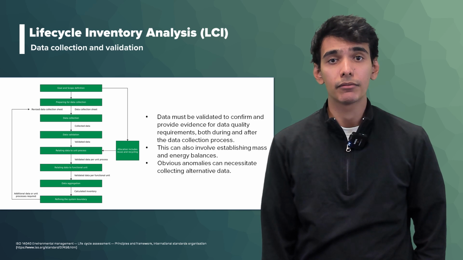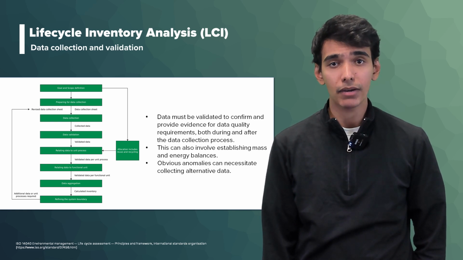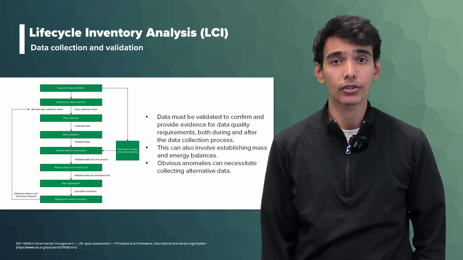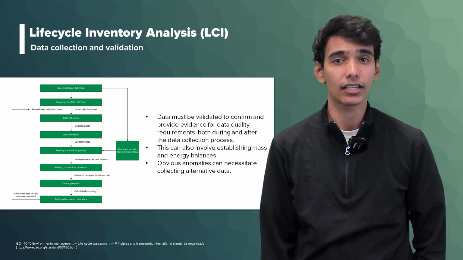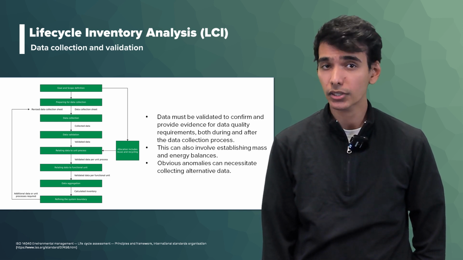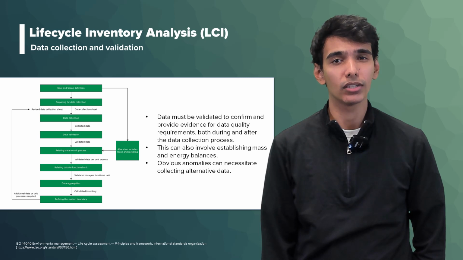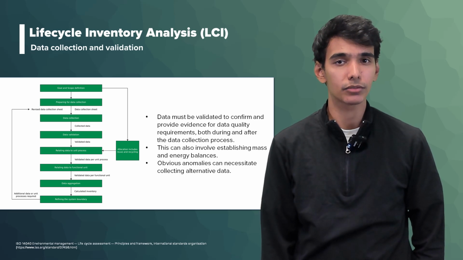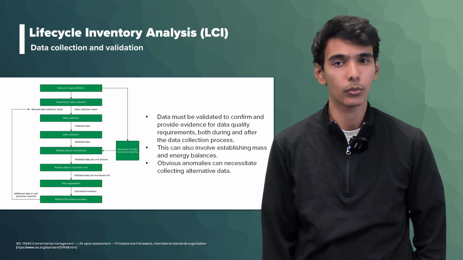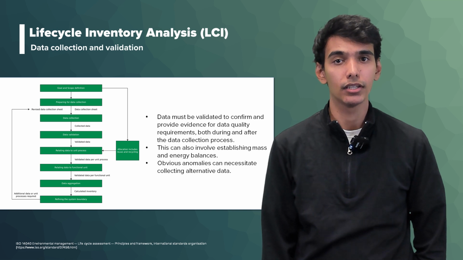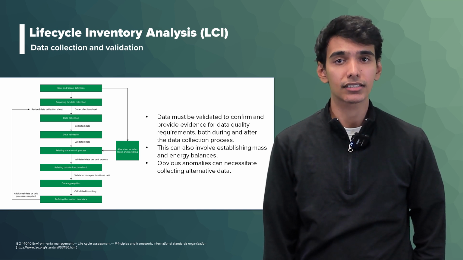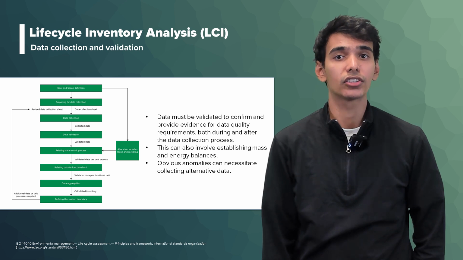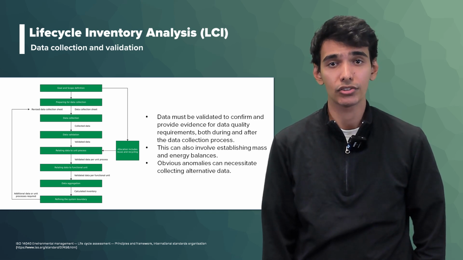This can also involve establishing mass and energy balances. Sometimes it's very easy to see that, okay, 10 kilograms of water was going into a system, but somehow only 9 kilograms is coming out of it. So it makes sense to check where that extra 1 kilogram went. Obvious anomalies like this can necessitate collecting alternative data or maybe changing the methodology in which you're collecting your data.